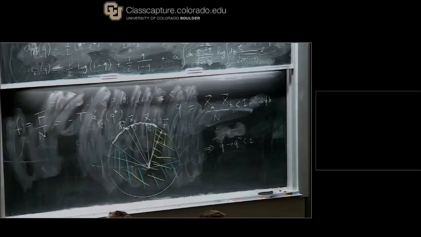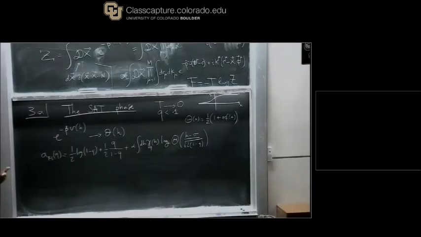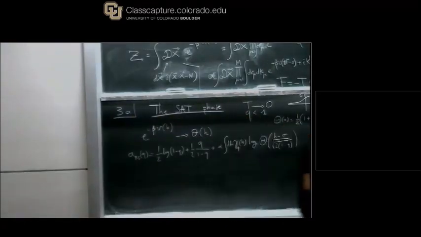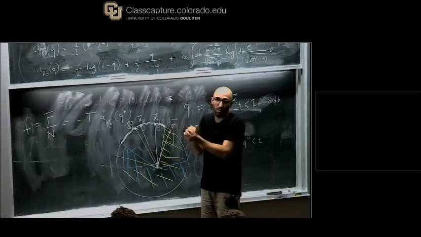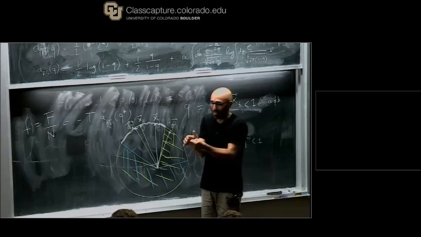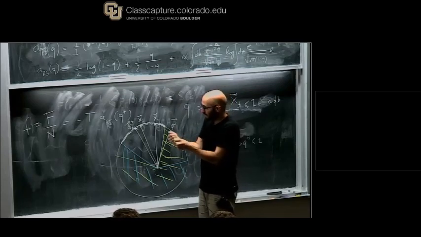Now, what happens when I approach the SAT-UNSAT transition from the SAT phase? What's going to happen is that I add more constraints. So I fill this space until at some point the volume of the solutions goes to 0. At this point there are no solutions anymore.